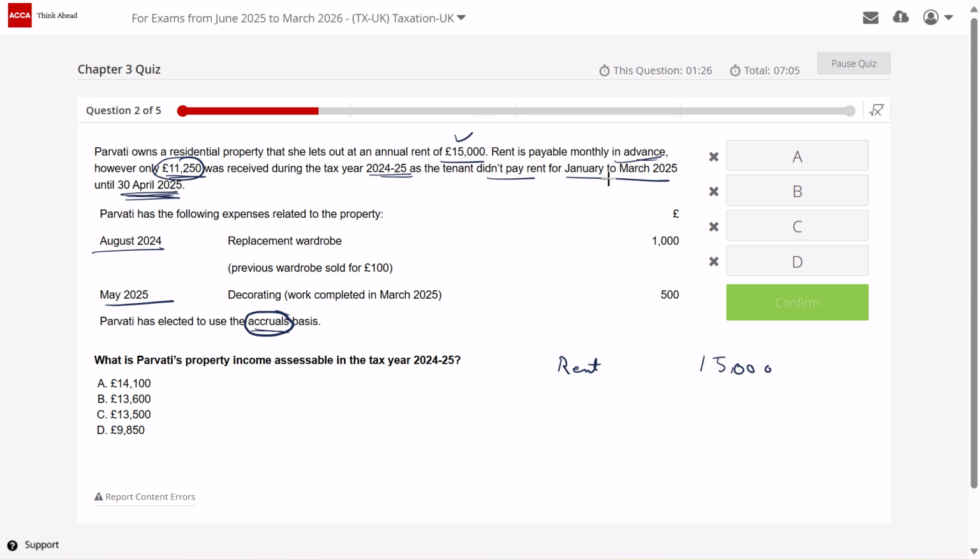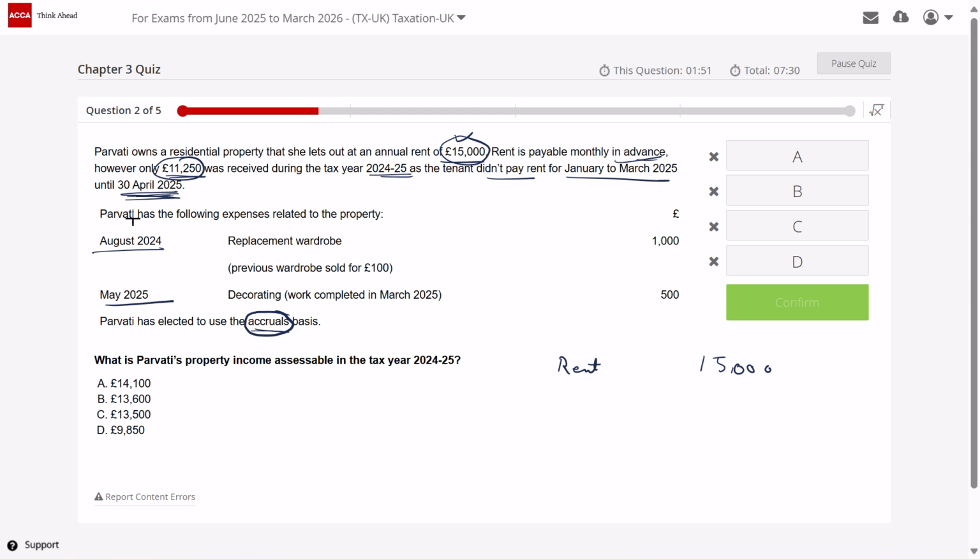And I have received the rent. If the tenant wouldn't have paid me at all, then I would have got some impairment relief, in case my tenant ran away or was absconding and not paying rent. But I have received my rent, not in this year, but in the next year. So from the accruals basis point of view, the whole 15,000 is accrued. So my rent is 15,000.